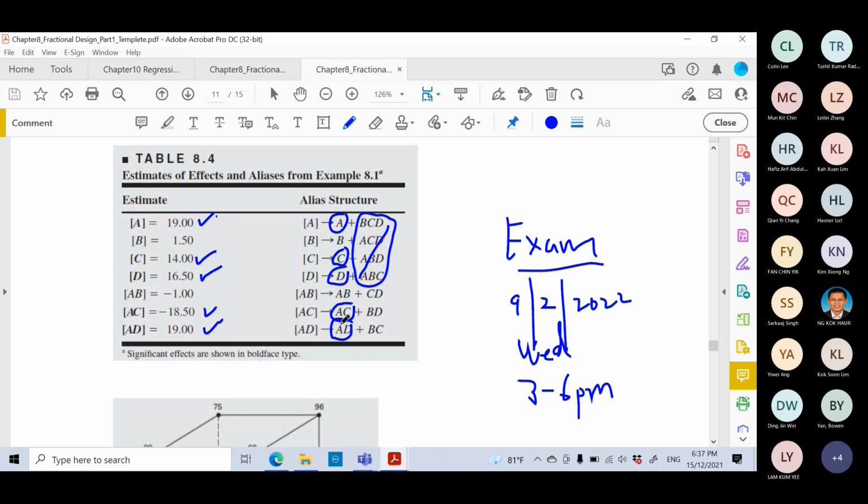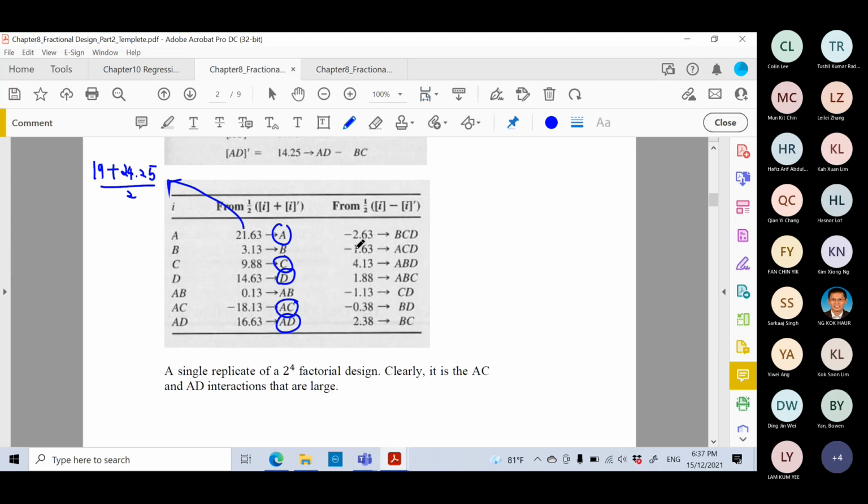The main contribution comes from the AD because AD is considered significant. Okay, if you run the full factorial design, this can confirm what you have thought just now. So this one is an example for the 8.3 here.